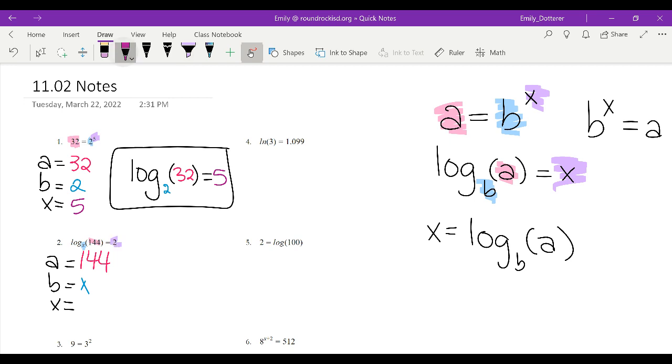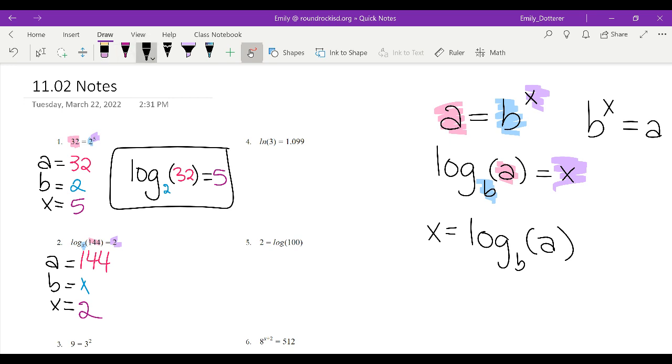And x is the 2. So that x in blue is our variable. The x that's in black is just part of the formula. So even though they're the same letter, they are representing different things.